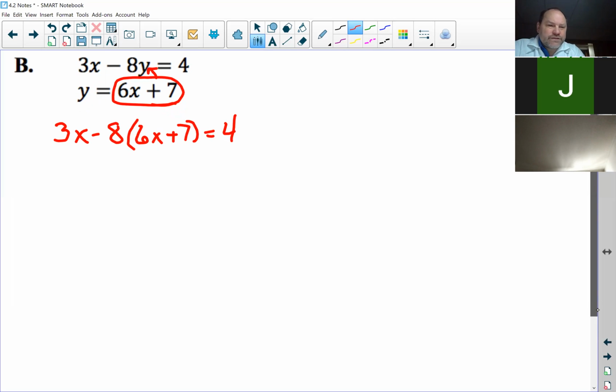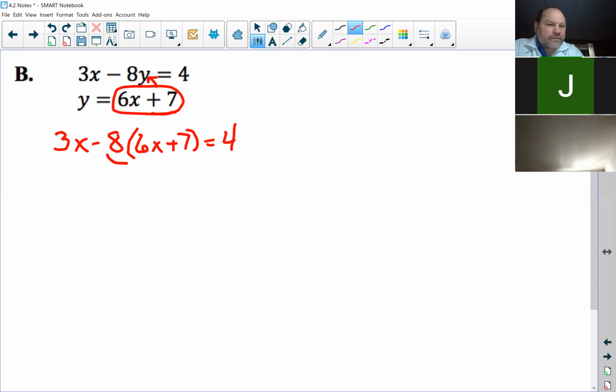Now I'm going to solve for x. Again, to do that, I need to distribute. On this one, when you distribute, don't forget to distribute the negative. That's a big deal. I like to do things one step at a time.